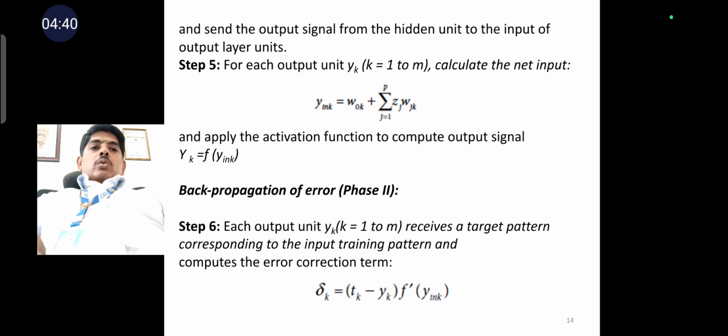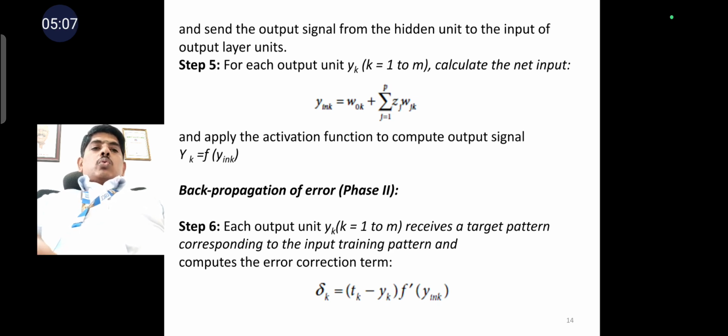Then I calculate the output from the hidden layer to the output layer, that is, Ynk equals bias plus the summation of j equal to 1 to p of Zj into Wjk. We already discussed this; you use the same formula to calculate the net input values, and from that calculate the output value.